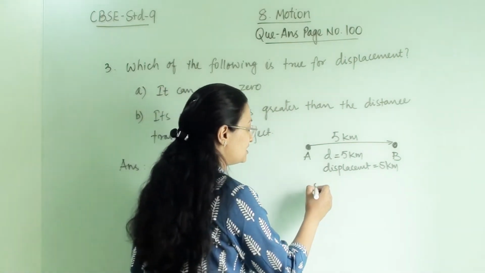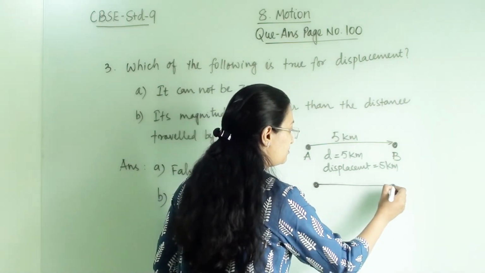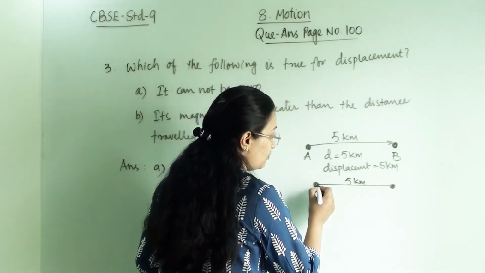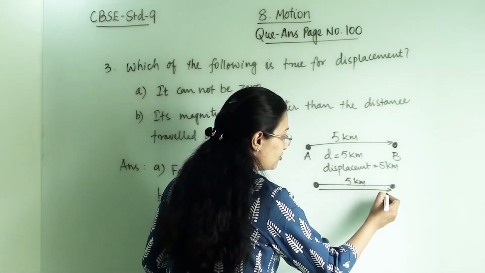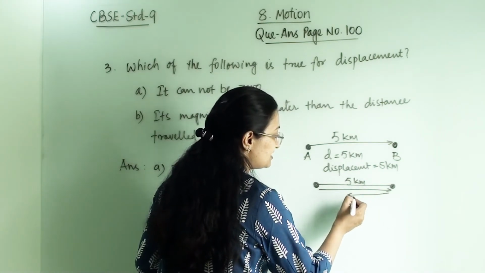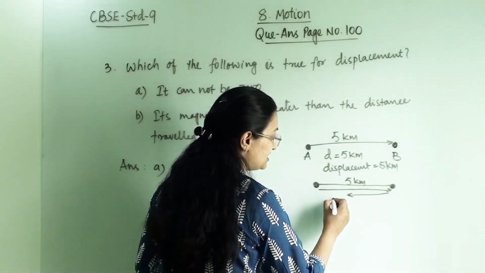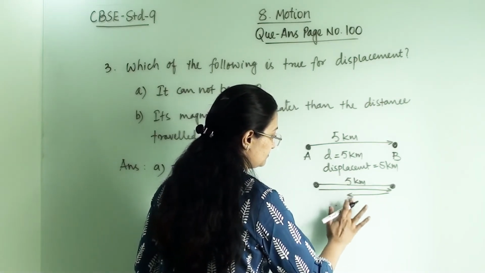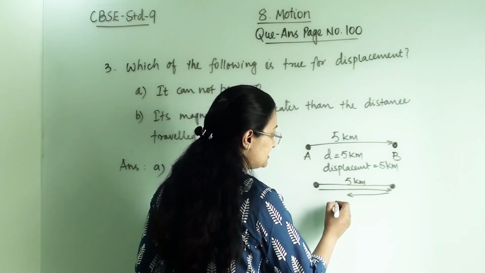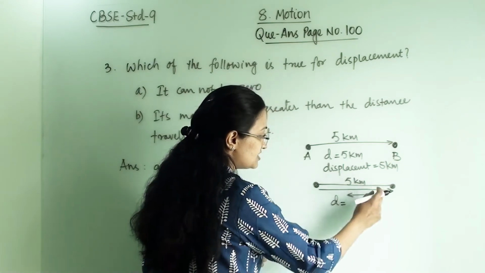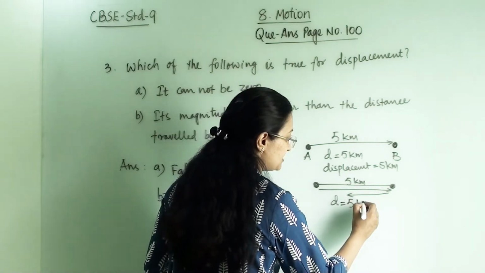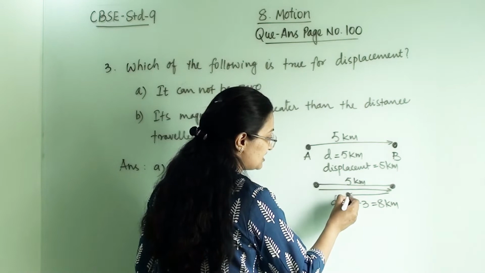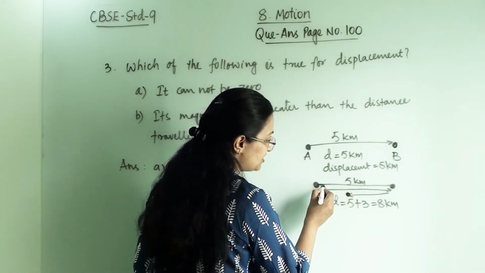Let us assume another situation, where A and B are the same distance, 5 kilometers. But after the object travels 5 kilometers, it comes back 3 kilometers. So the distance the object travels is 5 plus 3 kilometers, so it is 8 kilometers. But if we see the displacement, the total displacement is only this much.